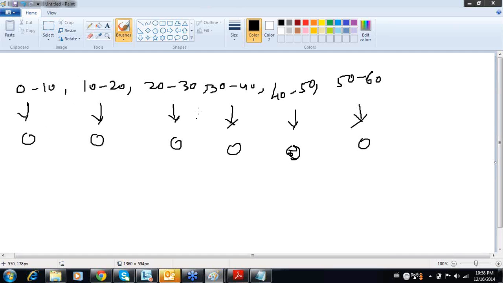If you check this, only this will satisfy all the conditions: 3, 13, 23, 37, 47 and 59. Other than that, none of the prime numbers will satisfy all the conditions. So this is the only set that will satisfy the conditions.